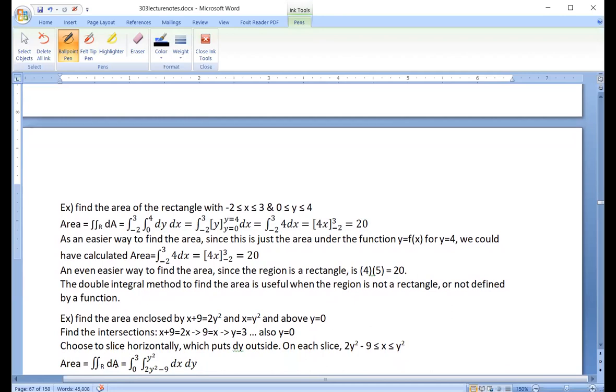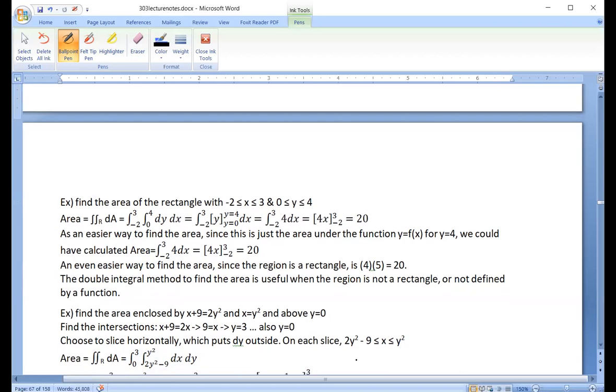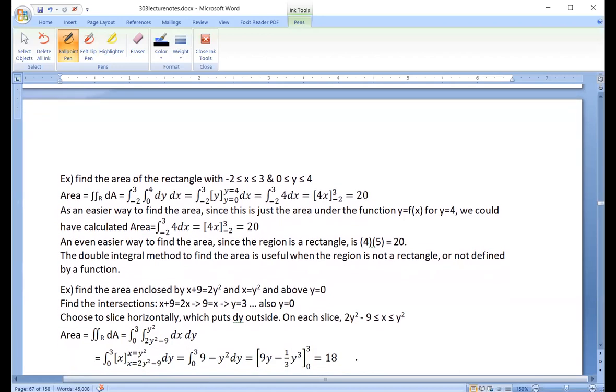Again, no function. We've chosen to slice horizontally. I'm skipping a step, sorry about that. Horizontal slices have a width delta y, which becomes dy. The boundaries for y are 0 to 3. The boundaries for x, as we said, are 2y squared minus 9 and y squared. And now we just do the calculation.